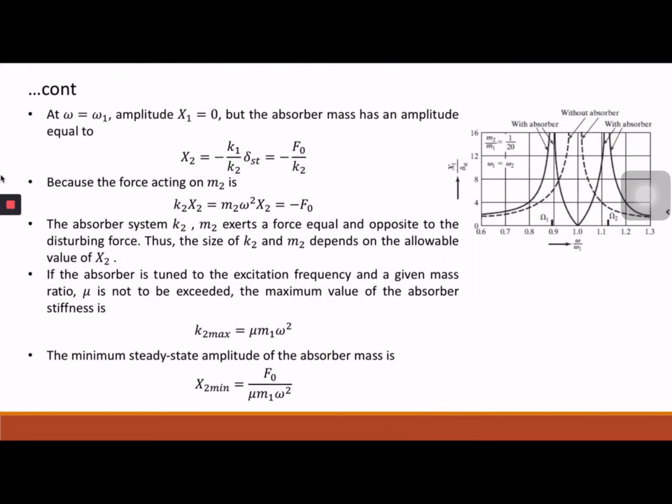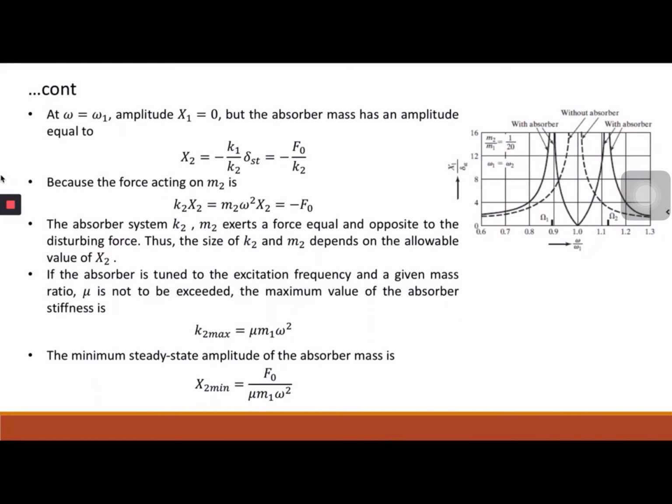The absorber system k2 and m2 exerts a force equal and opposite to the disturbing force. Thus the size of k2 and m2 depends on the allowable value of x2. The absorber is tuned given the mass ratio.